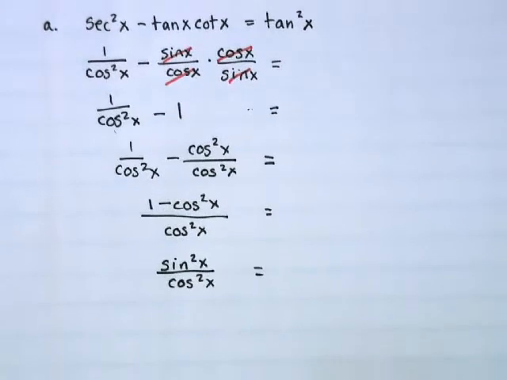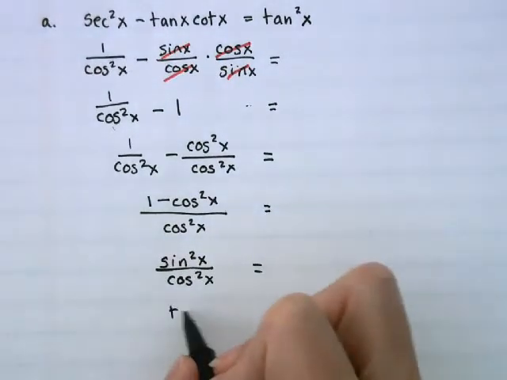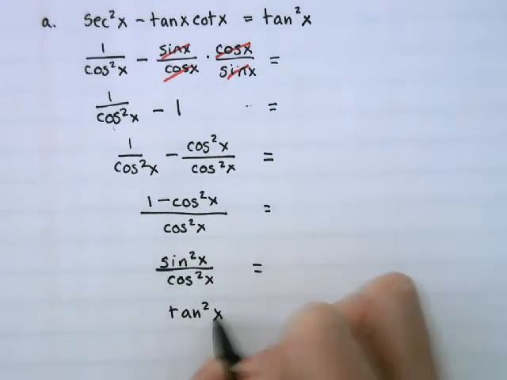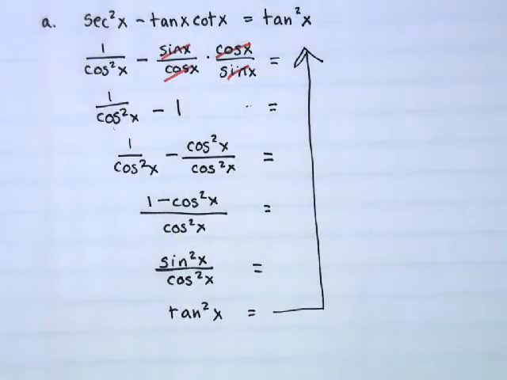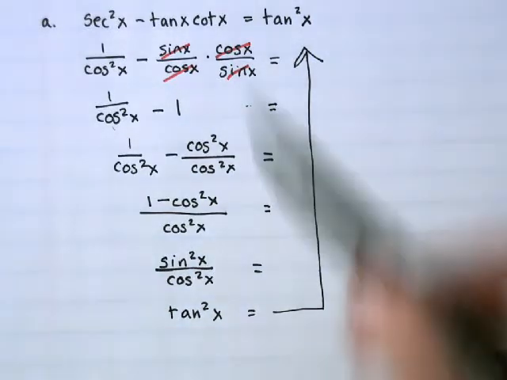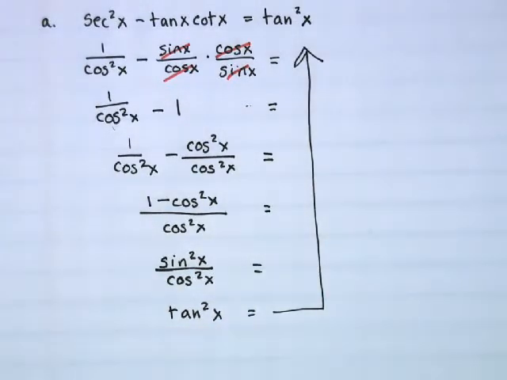And what do you know? What is sine squared over cosine squared? That is tangent squared. Okay, which is what we were trying to get. So that's the process. You pick which side is more complicated, turn everything in terms of sine and cosine, and just keep simplifying with the eye on where you're trying to get.